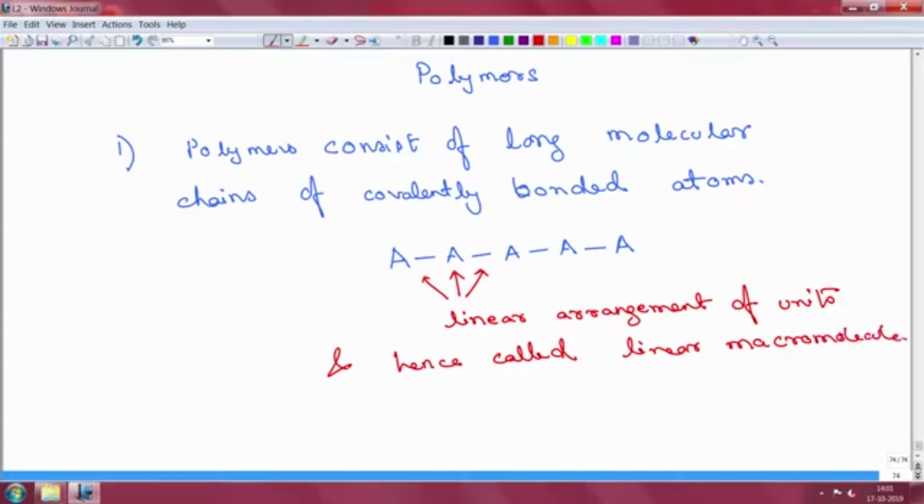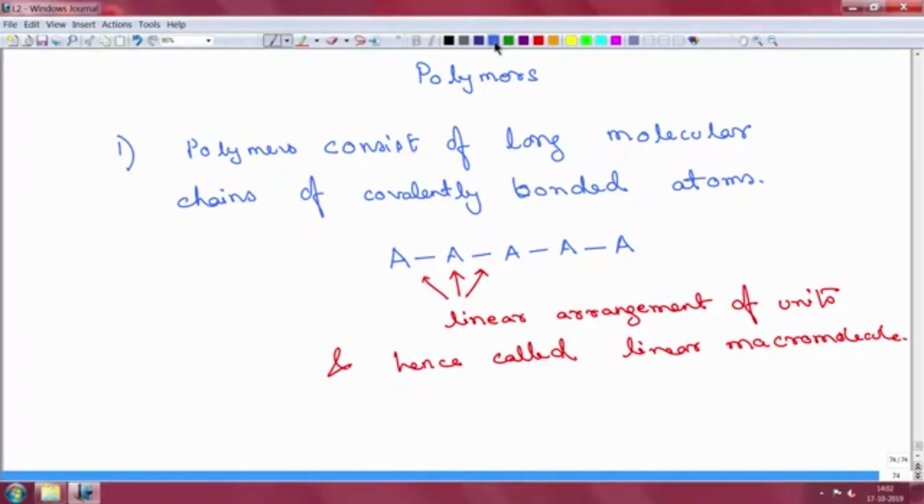Now, the word linear does not mean that the chain, in reality, looks like a straight line. It does not mean that. But of course, when we say linear, it means that some other form is probably also possible, that is why we have to give a special name to this.